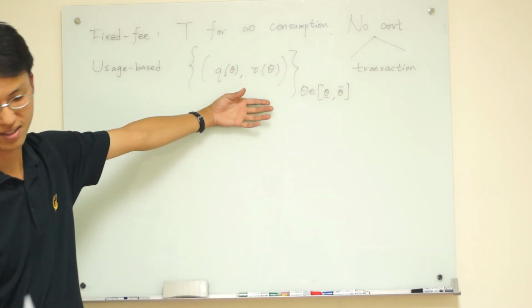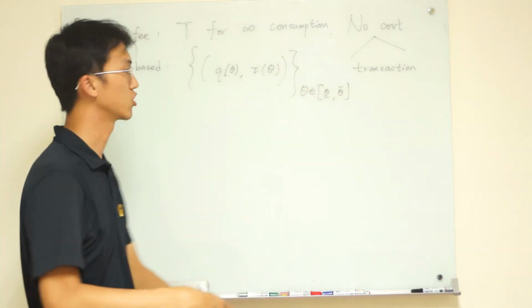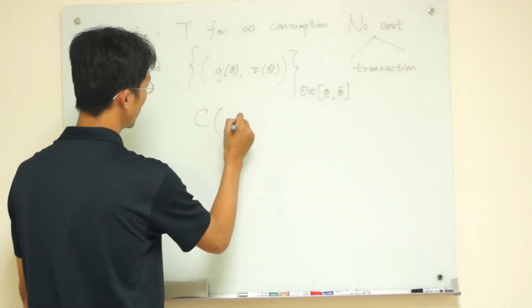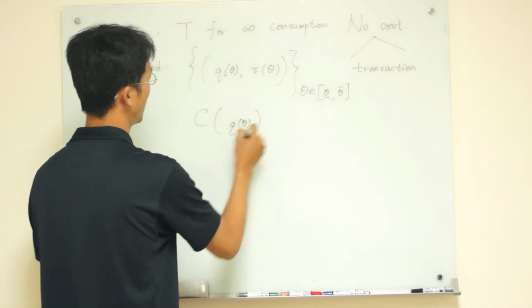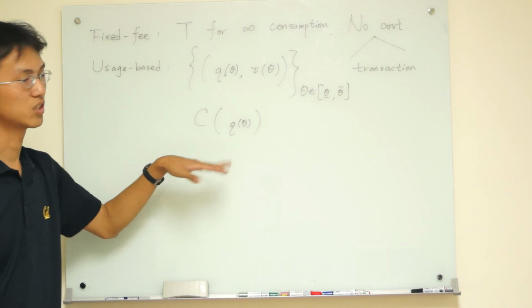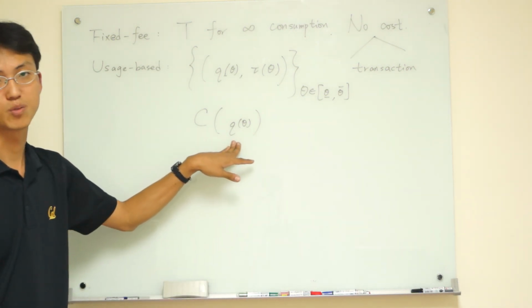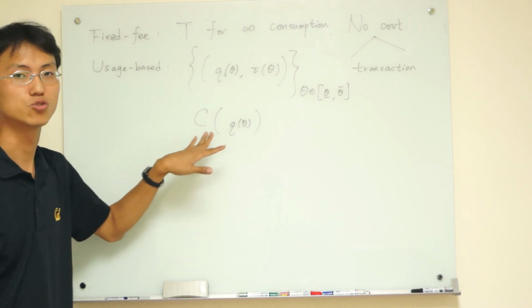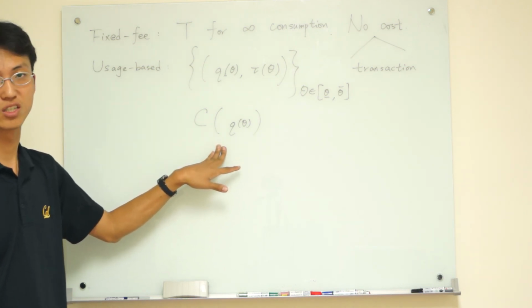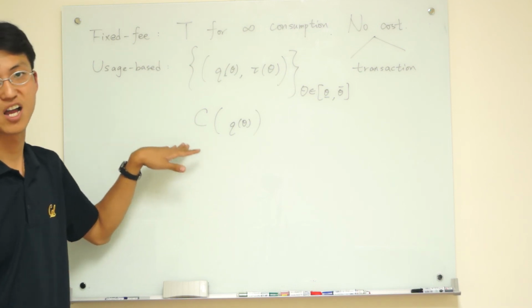In this case, you are going to incur a transaction cost, and we're going to denote it as C of quantity. Here we allow the cost to be related to the quantity. It may be the case that a higher quantity requires a higher cost.